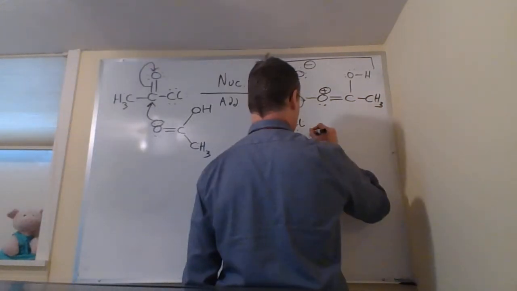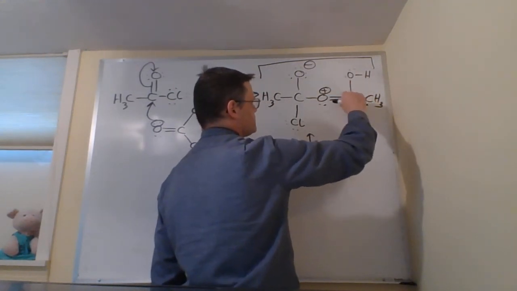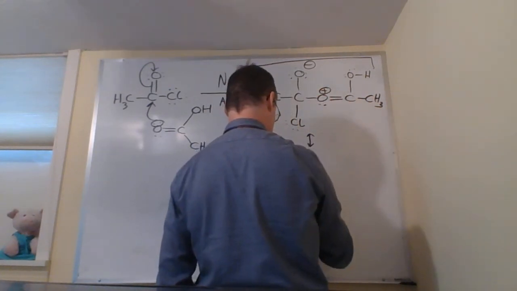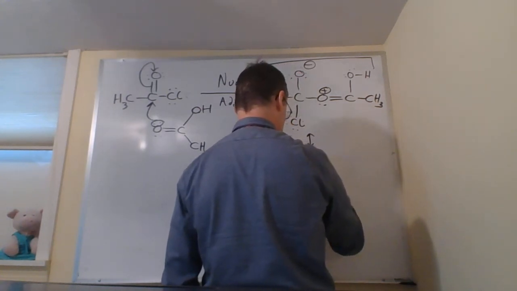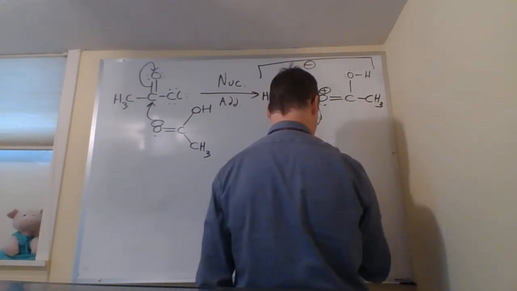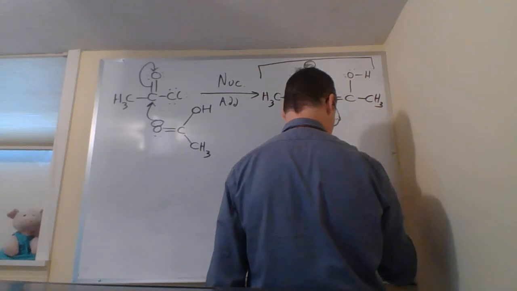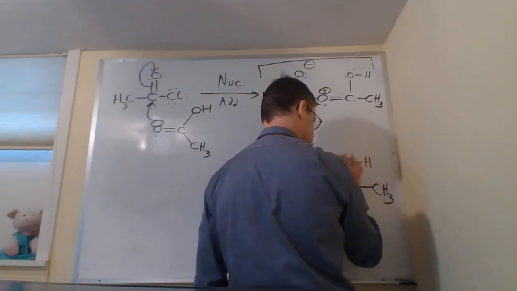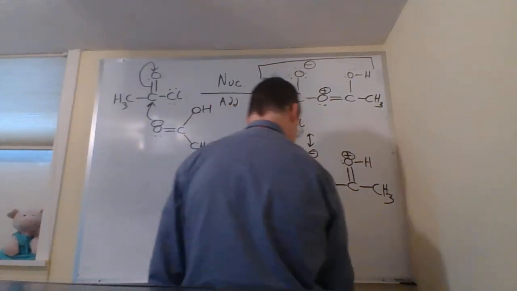We could also draw it in a second resonance form where this lone pair of electrons forms a pi bond here, and we've got another lone pair there. So I'm going to draw that second resonance form because that's how our textbook does this. Oops. That's a plus sign. Okay, we got a plus charge there. All right, so that's our second resonance form.